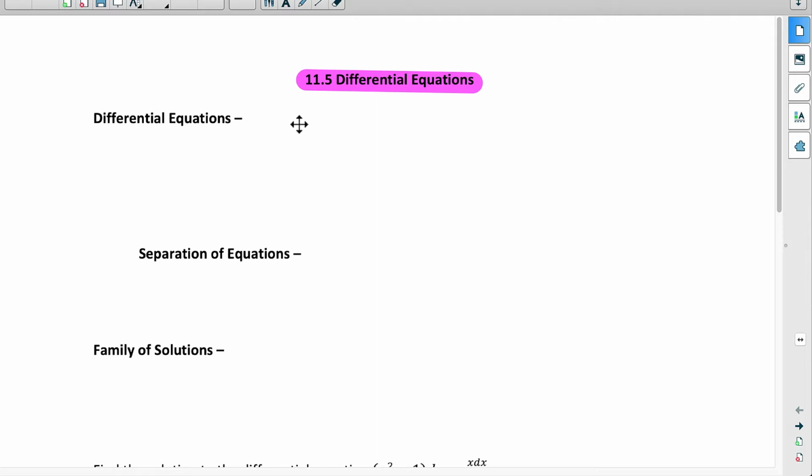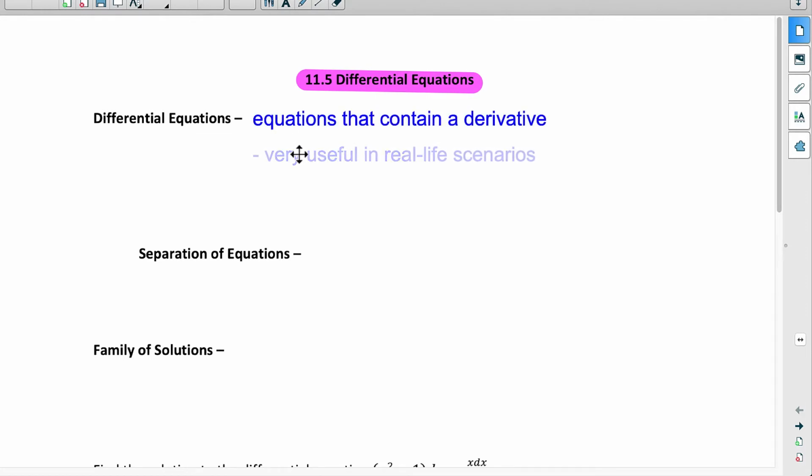And many of you, to be honest, probably will never end up taking differential equations unless you're going into engineering or mathematics or physics or something like that. Alright, so what are differential equations? They're equations that contain a derivative. And they're very useful in real life scenarios, right? In science and business and things like that. Often differential equations can provide us with information that we need.